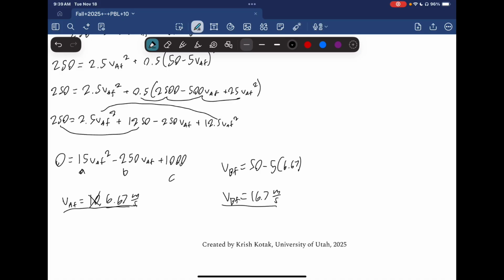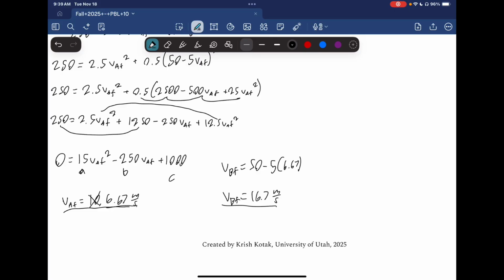So now we have our two final velocities, and we have to ask ourselves, does this make sense? Well, A is the bowling ball. It has about 2.5 meters per second less velocity. And then B is a bowling pin, which is a fifth of the mass of A. B was 1 kilogram, A was 5 kilograms.